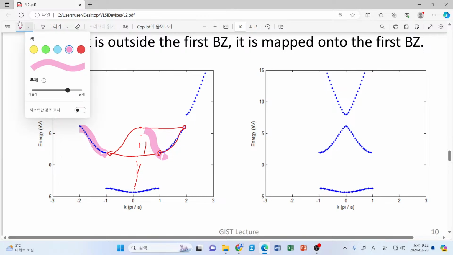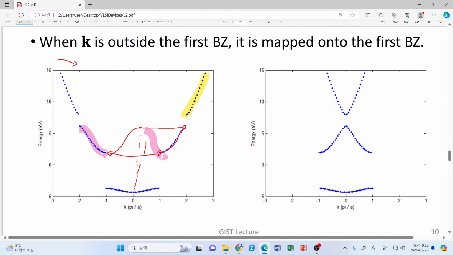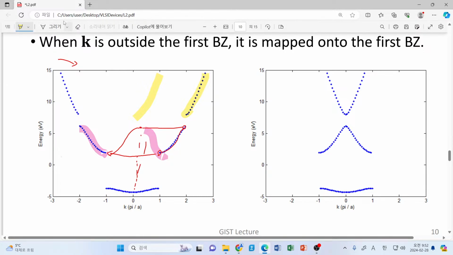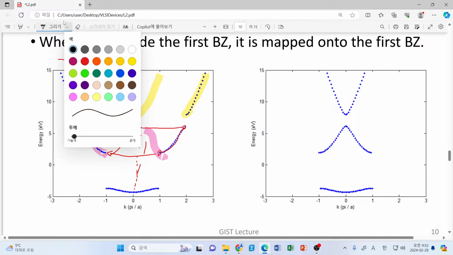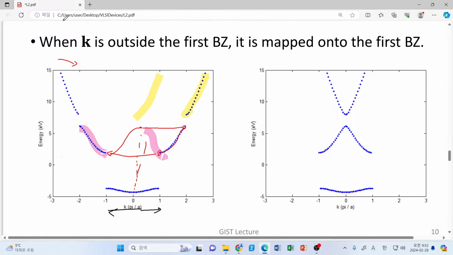So for example, if we have this branch, it is exactly mapped that way, because the allowed transition is simply given by multiples of 2 pi over a.